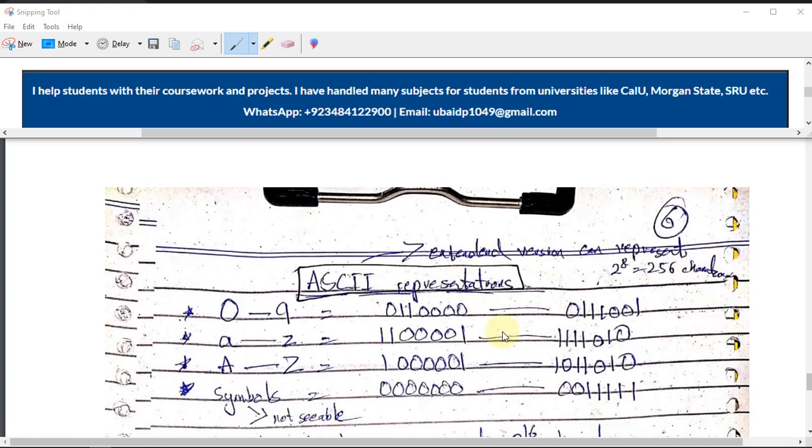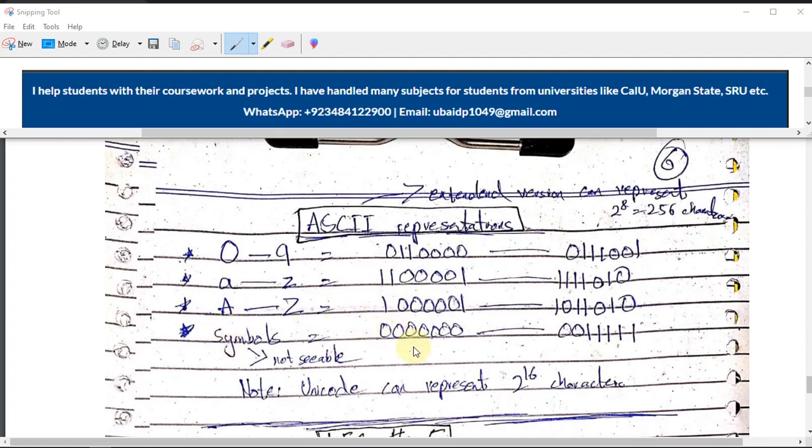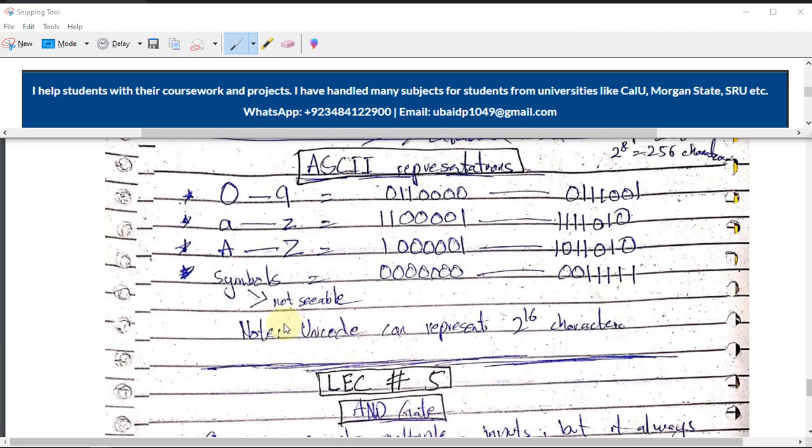And 0 to 9 starts from this number, small a to z have this range, and capital A to capital Z have this range allotted to them, right? And these are for the symbols.